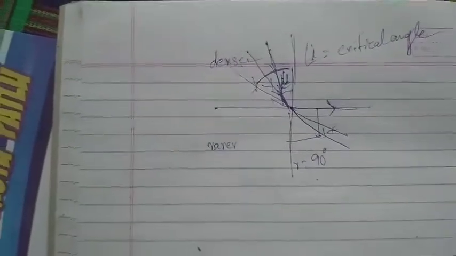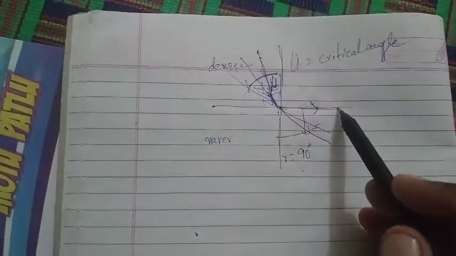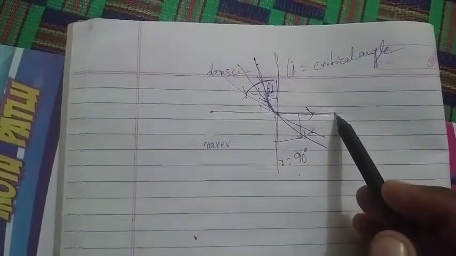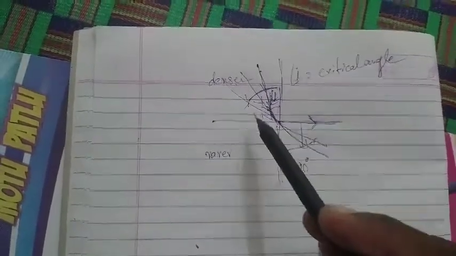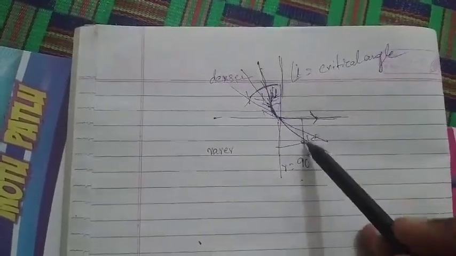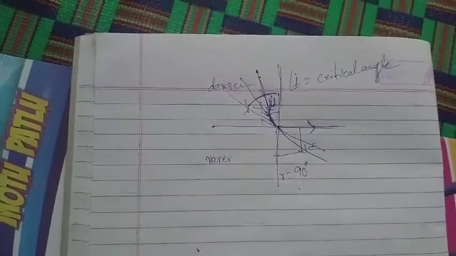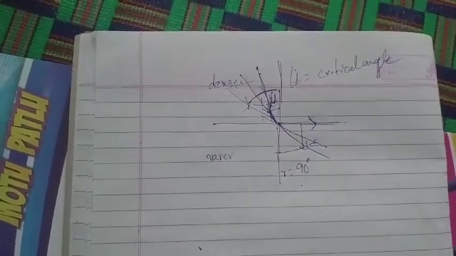So the critical angle has two definitions. Number one, the angle of incidence where the refracted ray remains on the interface. Another definition is the angle of incidence where the angle of refraction is 90 degrees.